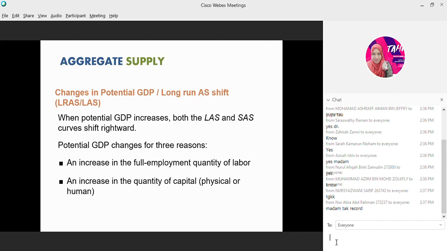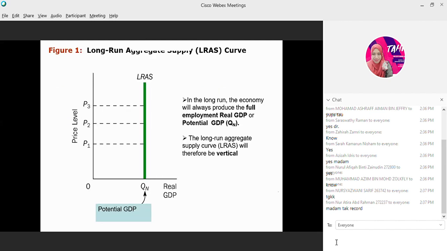The factors that affect the LAS curve are only these three, which are related to the capacity or the availability of resources. Like I mentioned before, you can imagine this is our limited resources that we have.